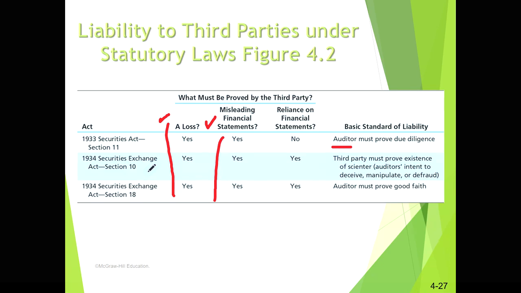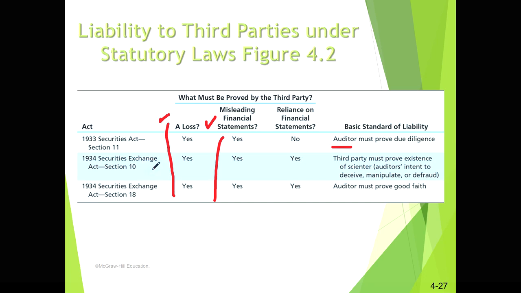So I look for errors in financial statements. I look for big stock market drops in the price around disclosure of misleading financial statements, and boom, I've got my two right there. And then I don't even have to show that the shareholders relied on those financial statements. Now I'm going to shift the burden to the auditor, who has to show that they have engaged in due diligence, right? So that's the lowest bar for bringing a lawsuit, and it shifts the burden to the auditor.